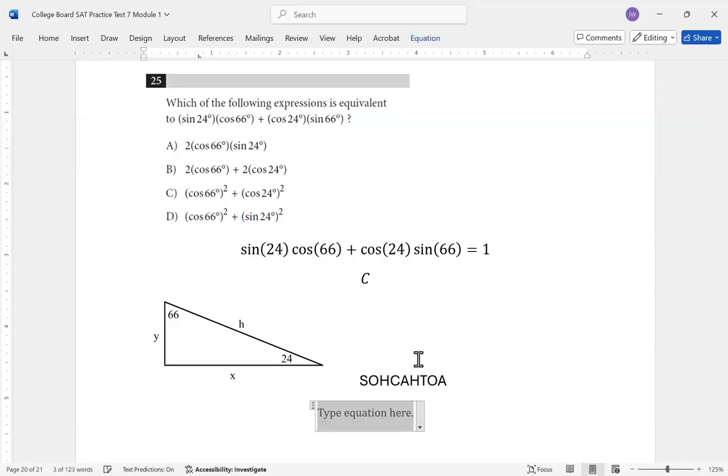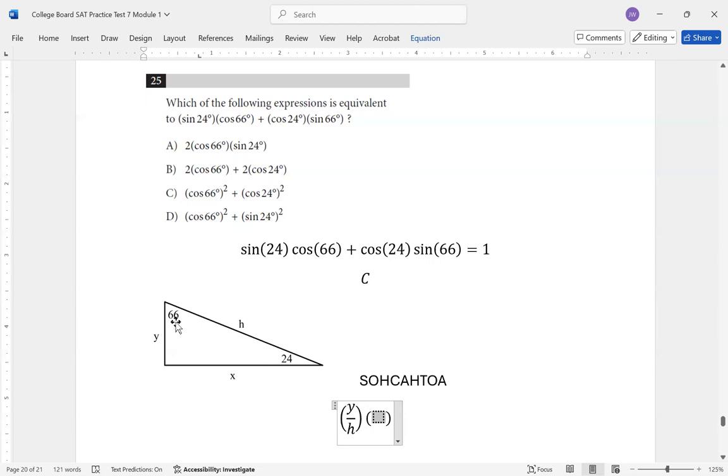When I see sine of 24, sine of 24 is the opposite length divided by the hypotenuse. So that would be y divided by h. That's the sine of 24. Well, what is the cosine of 66? Cosine is adjacent over hypotenuse.